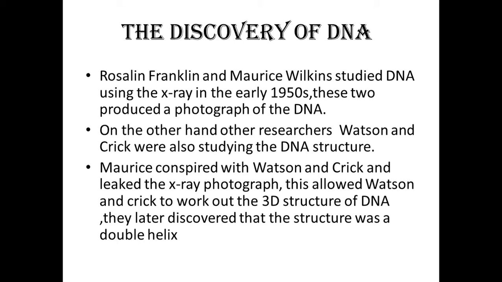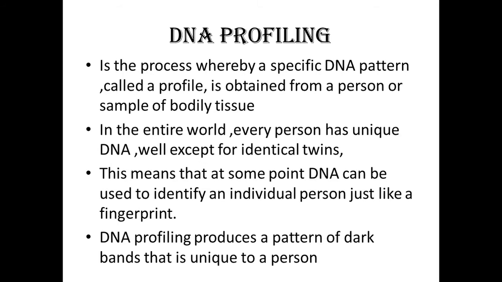They were also studying the DNA structure, and then Morris conspired with Watson and Crick, and leaked the X-ray photograph. This allowed Watson and Crick to work out the 3D structure of the DNA, and they later discovered that the structure was a double helix.